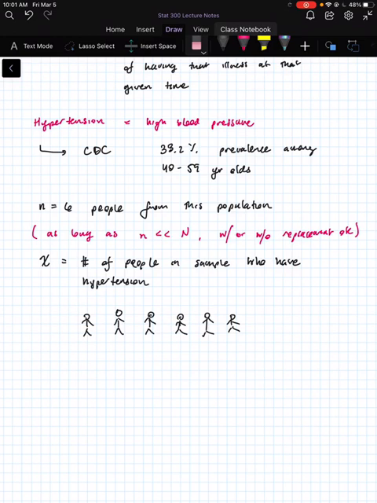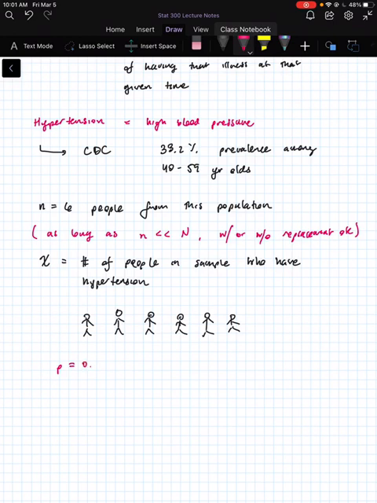In addition to this, each person in the sample has the same probability of having hypertension as every other person.